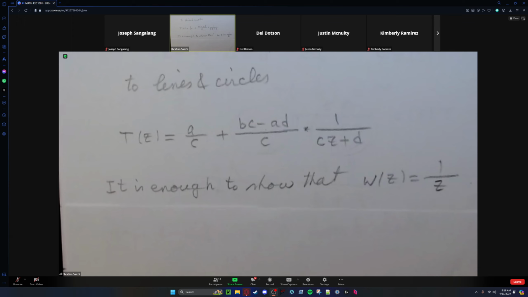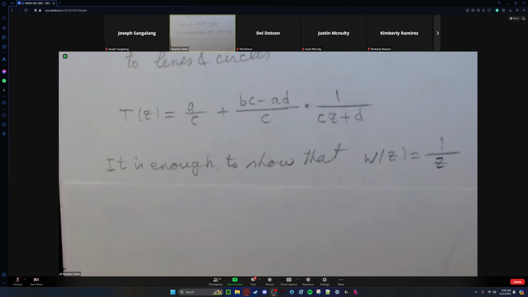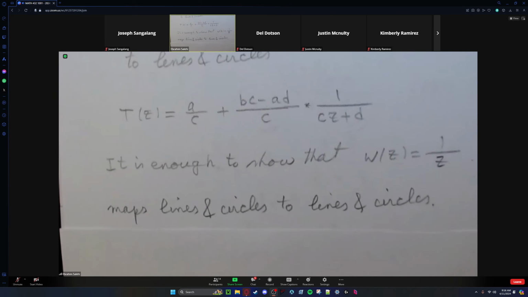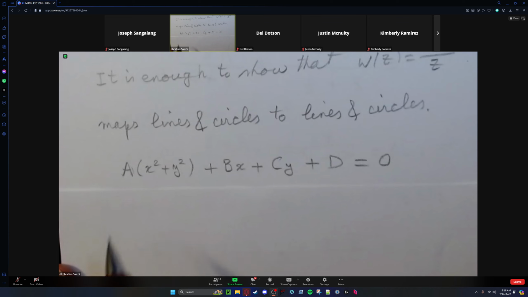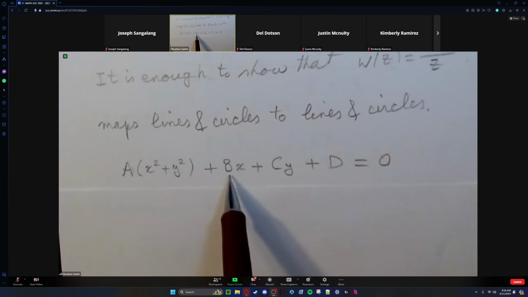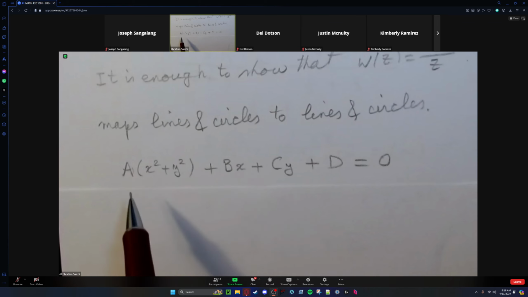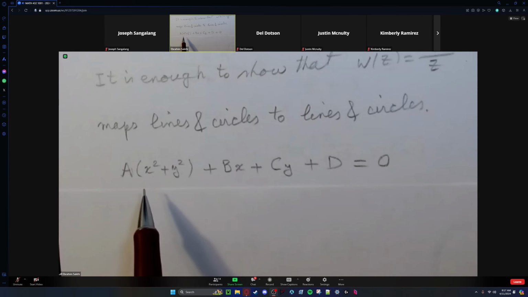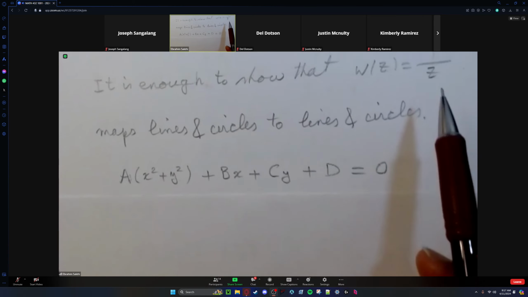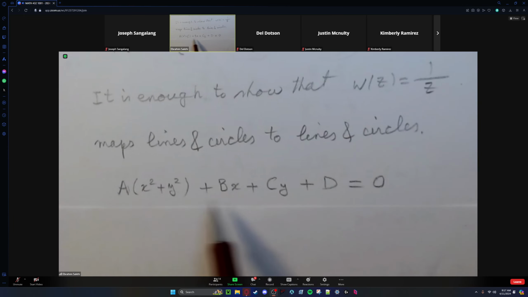All right. So in XY plane, here is an equation of a line and circle. If A is 0, you will get a straight line. If A is not 0, you will get a circle. Okay? So that's in general a line or circle. What happens if we apply 1 over z to this? Well, let's do a little manipulation.